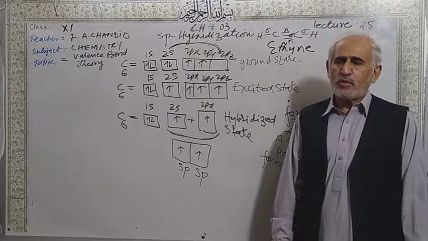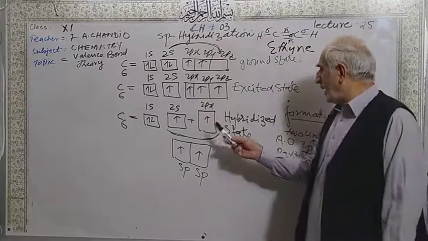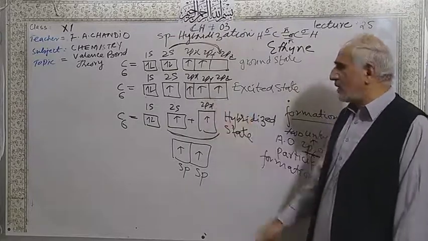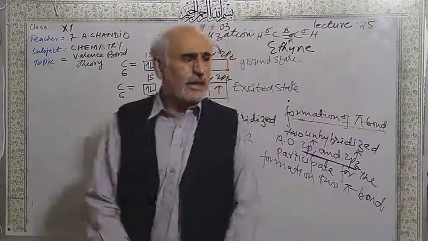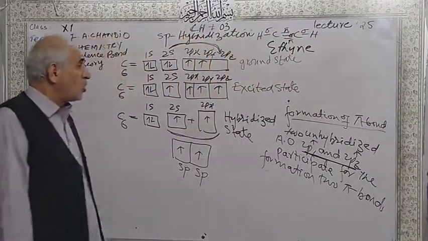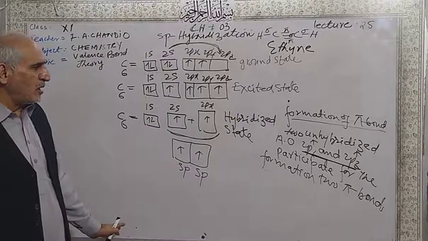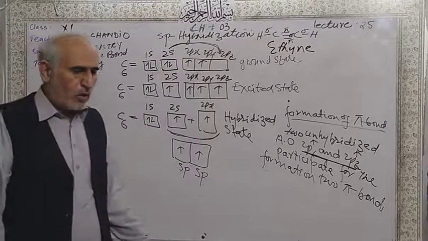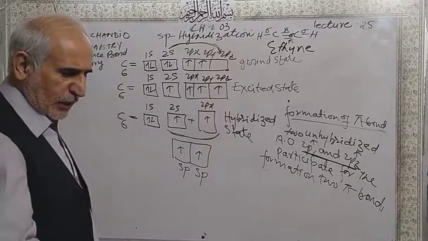This is very important. You must remember this. And the 2py and 2pz will not participate in the hybridization process. So students, you must write this down, and you have to watch the lectures very carefully.